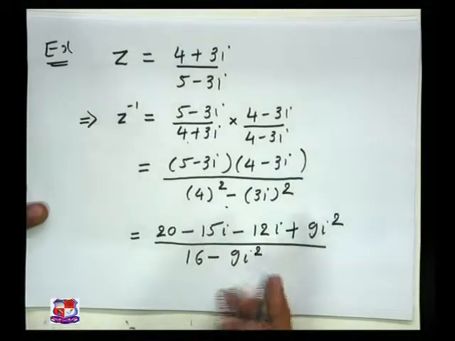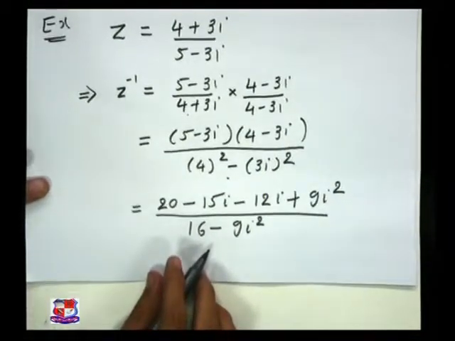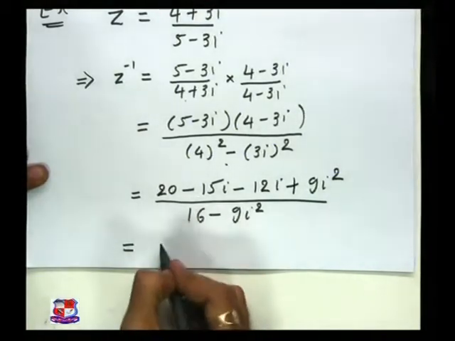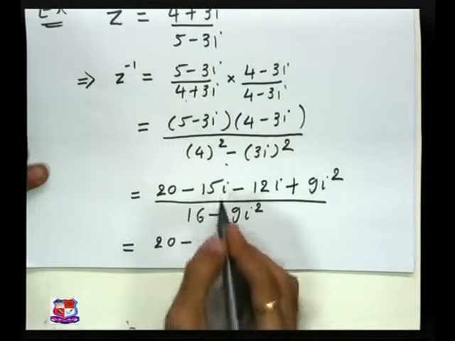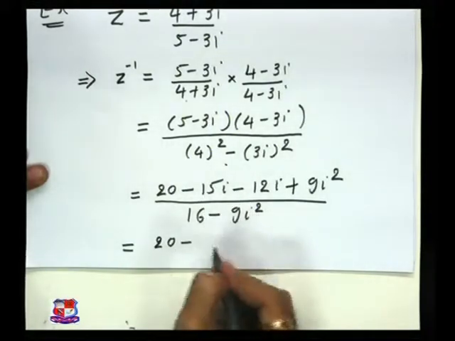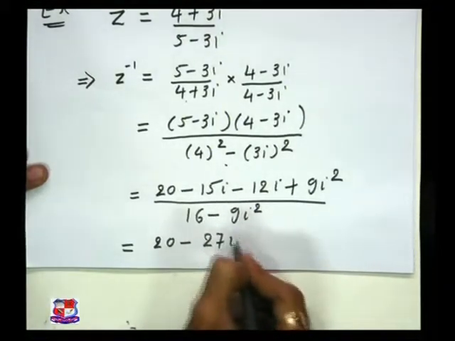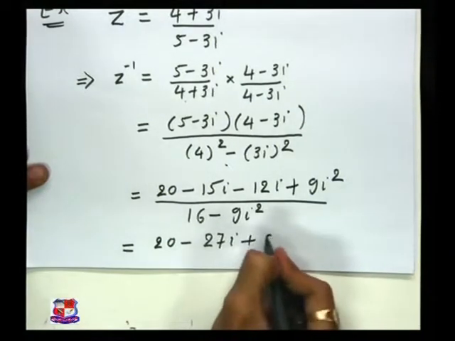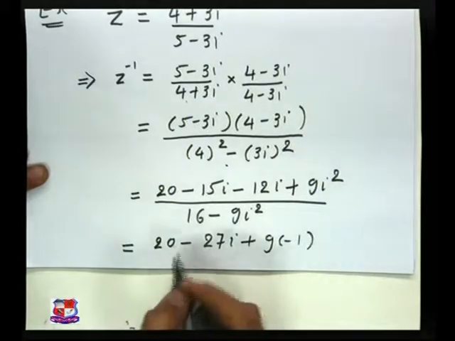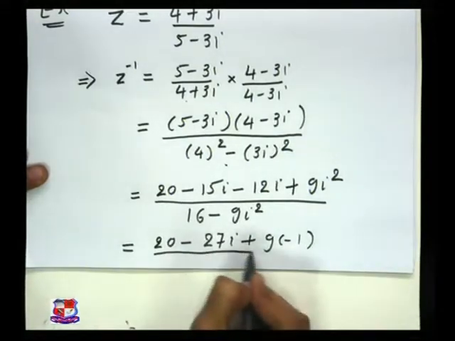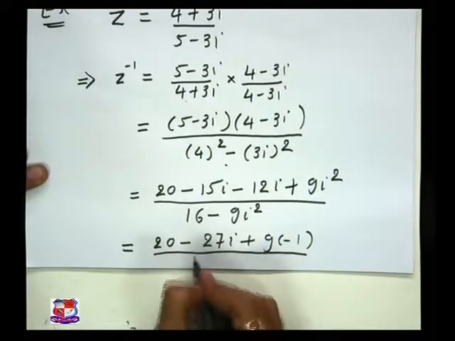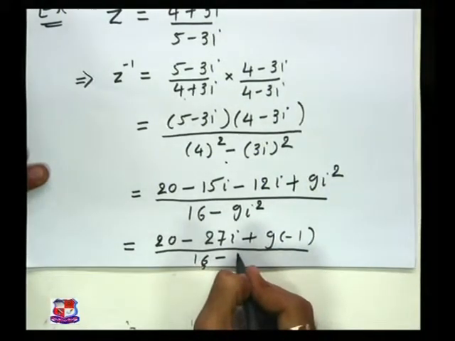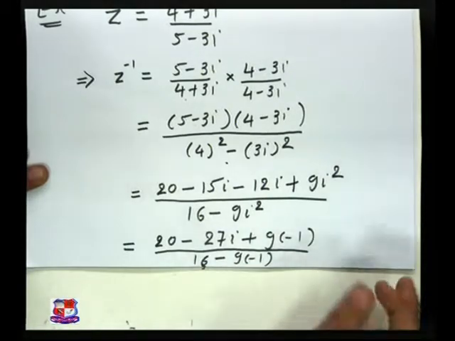By simplifying this, I will get 20 minus 15i minus 12i, that is minus 27i, plus 9 into minus 1, upon 16 minus 9 into minus 1.